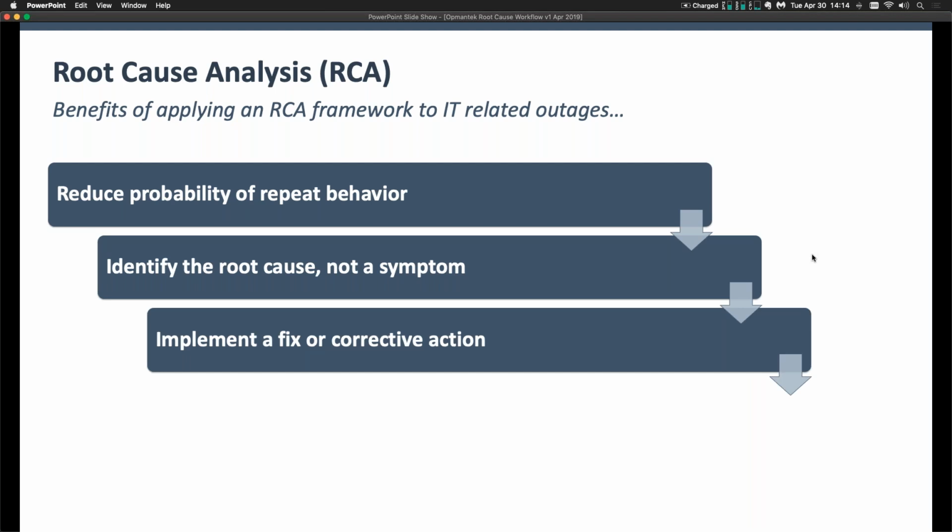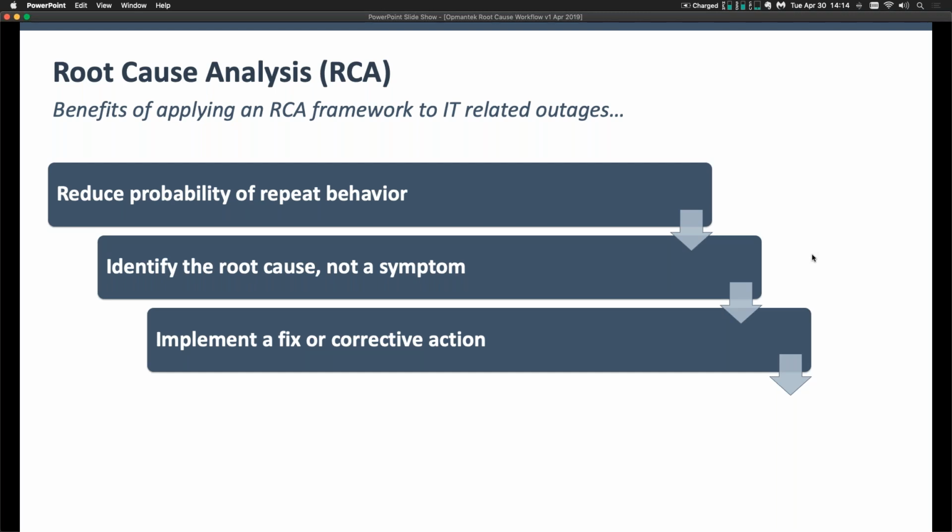The third benefit you'll find from implementing a root cause analysis methodology is that you'll be able to implement a fix or corrective action. Many times you'll have engineers who work from the oldest issue forward to the more recent, rather than prioritizing issues that are customer impacting or that are higher cost issues.